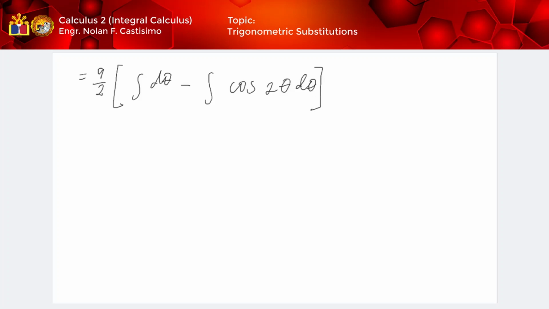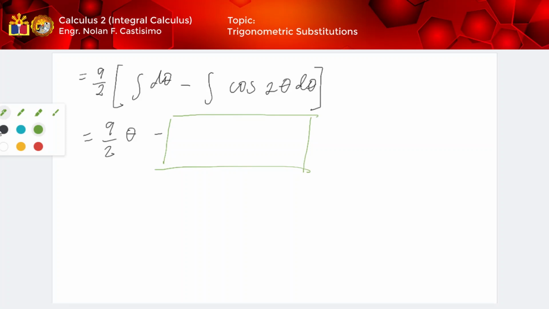And equivalent to 9 over 2, integration ng d theta ay theta. Minus, so dito lagyan natin ng box. Lagyan natin ng box kasi integrate natin itong integration of cosine 2 theta d theta sa kabila.